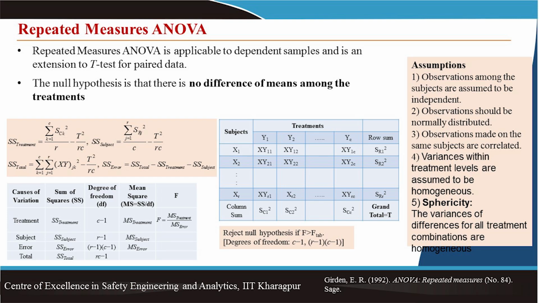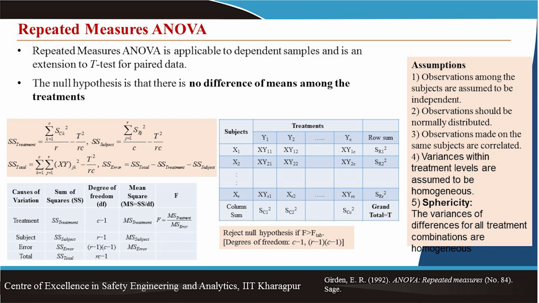I said that there will be several sources of variability, and then you decompose the total variability into the component variabilities. In the computation, as per the statistical requirement, the computation imposes certain degrees of freedom, and that means some freedom is available for computing SS treatment, SS subject and SS error. That is given in the third column of this table. This is very important.